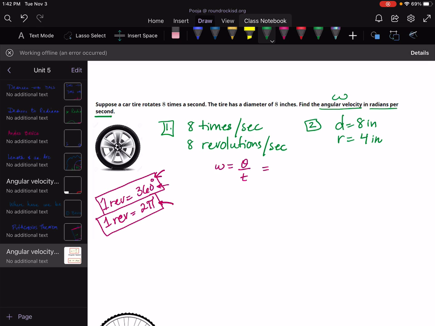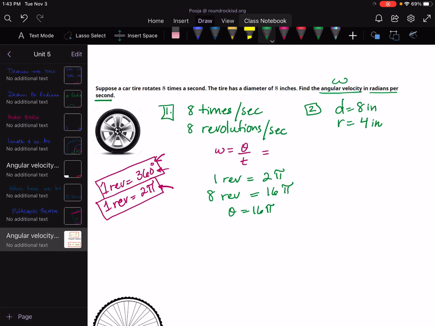Hold on, let me rewrite that. 1 revolution is 2 pi, then 8 revolutions, which is what it's making every second, would be simply 8 times 2 pi, right? And that is the theta. Every second, this tire makes 16 pi radian angle per second.